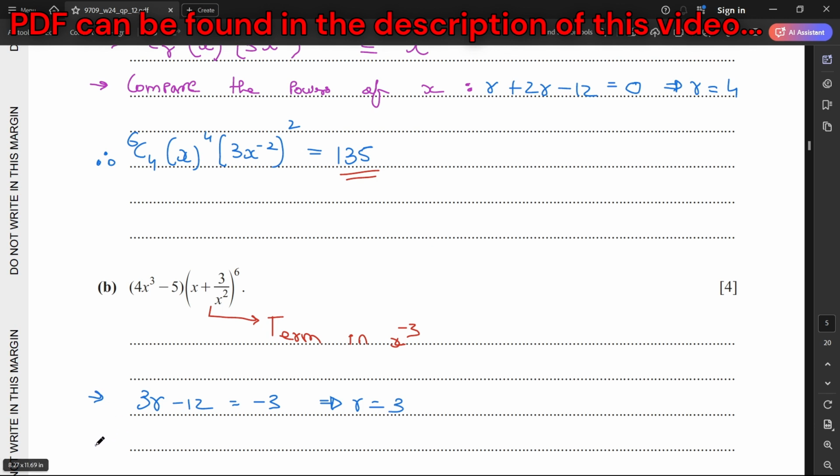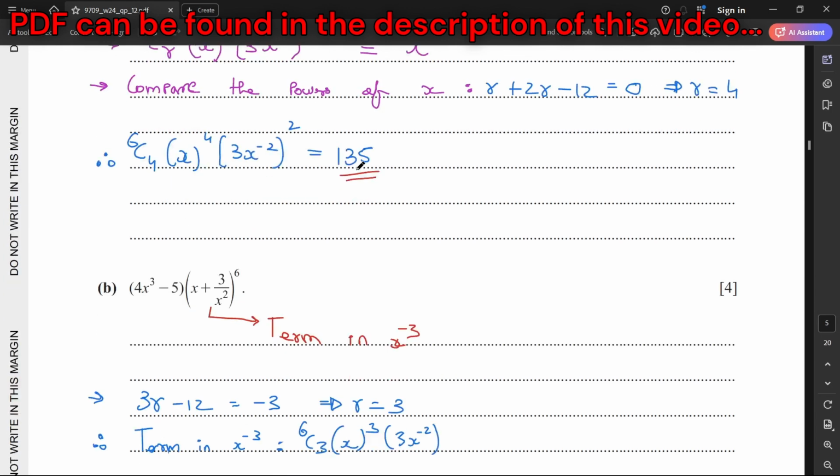And now because of this, I can state that the term in x minus 3 is 63 x power of 3 and 3x power of minus 2 to the power of 6 minus 3, which is 3.